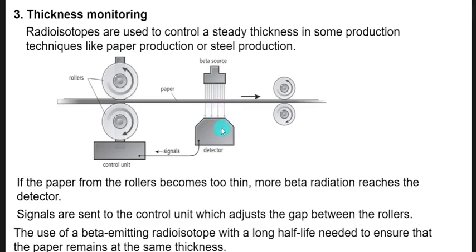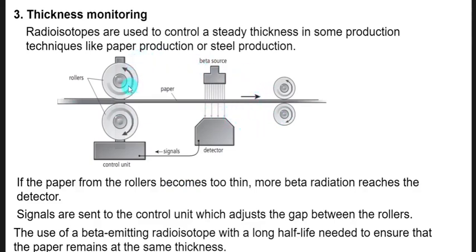At that time, you'll be able to change the sizes. And the half-life of the beta source should be a bit longer so that it allows you to finish the process of making the thin sheet of paper.